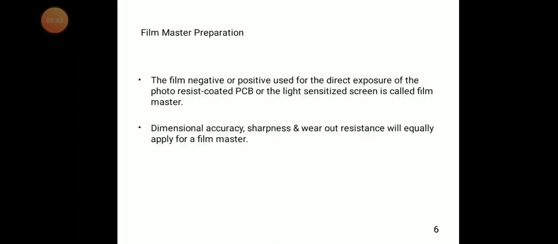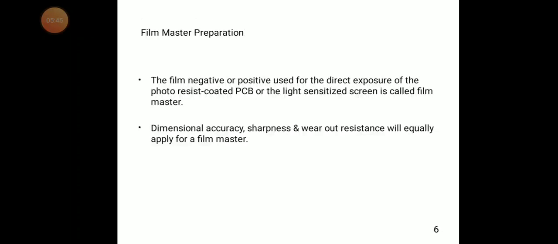After artwork, the next one is the film master preparation. The film, negative or positive, used for the direct exposure of the photoresist-coated PCB or the light-sensitized screen is called the film master.